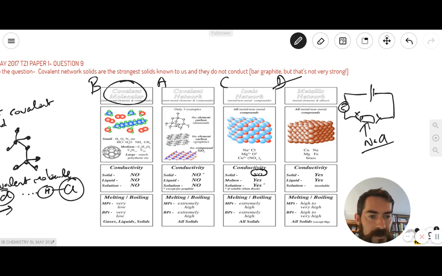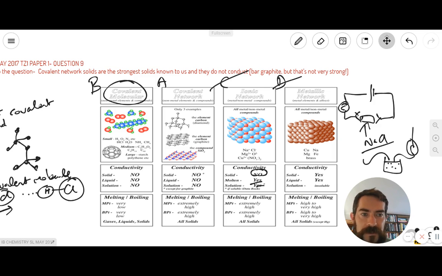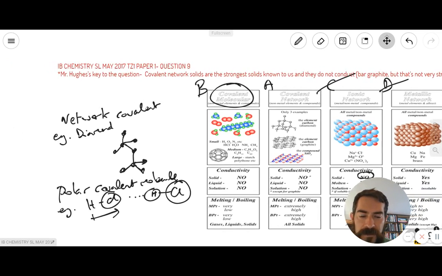However, if you take that sodium chloride and you dissolve it in some water, so we have salty water now, and we put our wires in there, then the lamp will light. So what this tells us here is that when salt or an ionic solid is dissolved in water, or if it's molten, then it will conduct electricity. So this cannot be answer C then. So now that narrows it down to either A or B. So we'll just move across here now. So we're focusing on the molecular, the polar covalent molecule, or the covalent network.